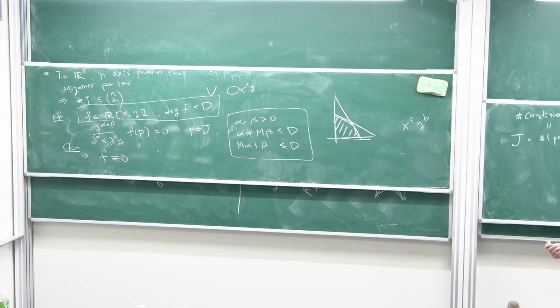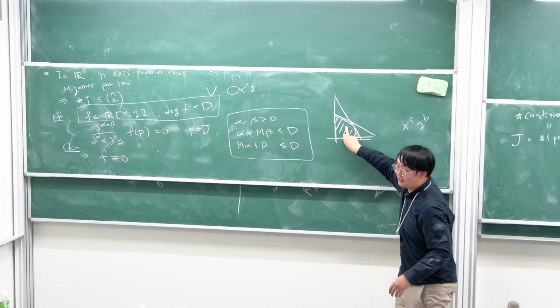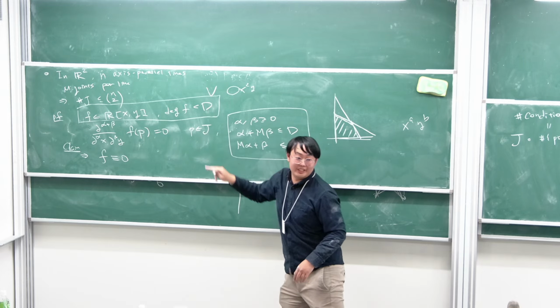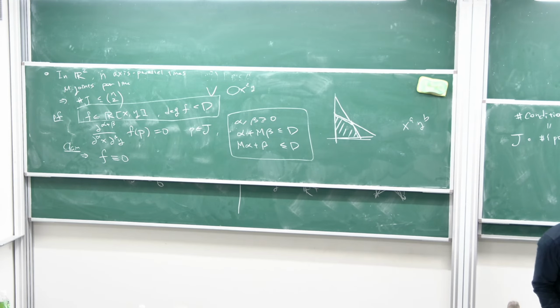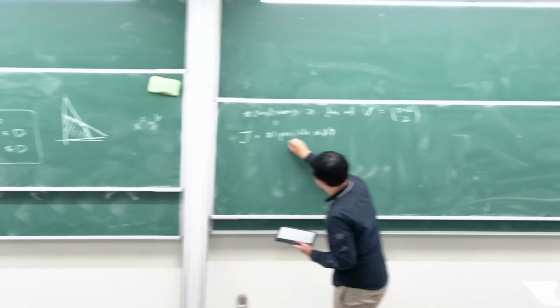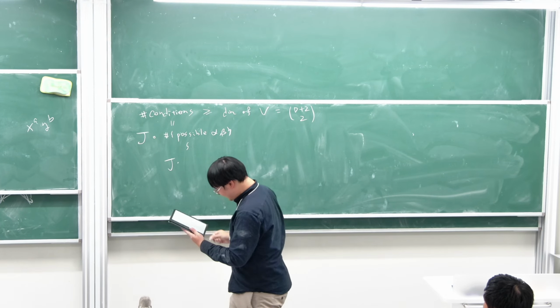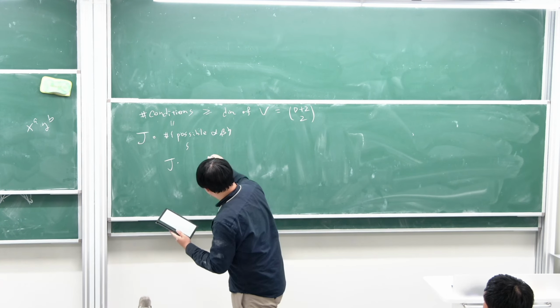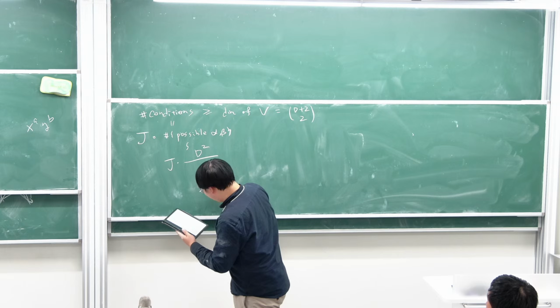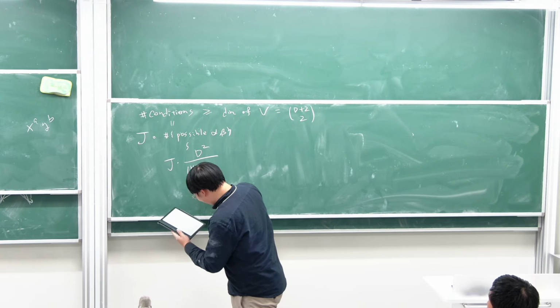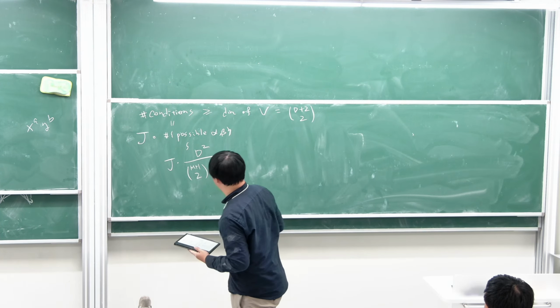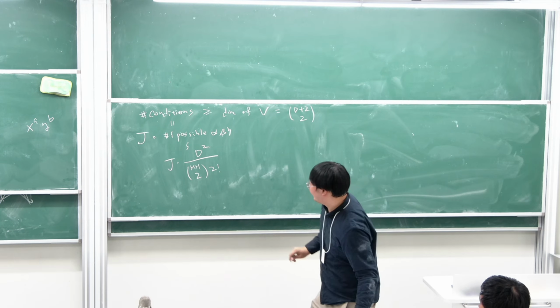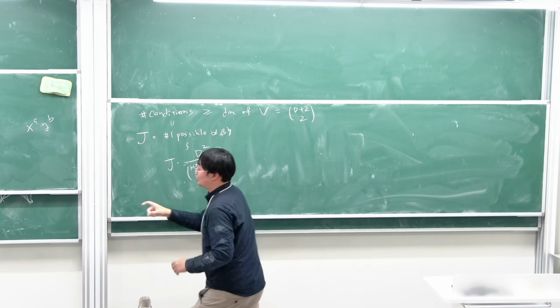We know that the number of integral points in this region will be asymptotically the same as the volume of this shape, as d goes to infinity. So this is roughly j times d squared over n plus 1 choose 2 times 2 factorial. This part is just the volume of the shape I'm drawing here.